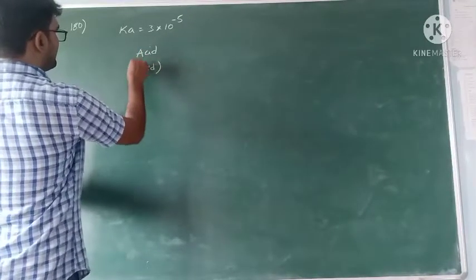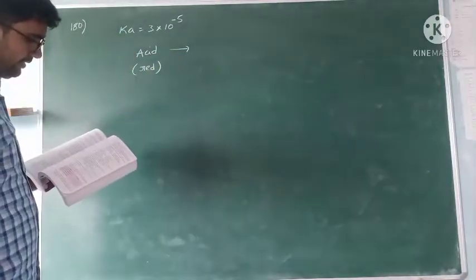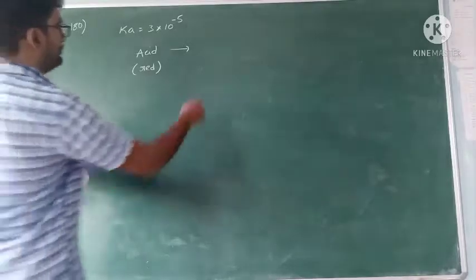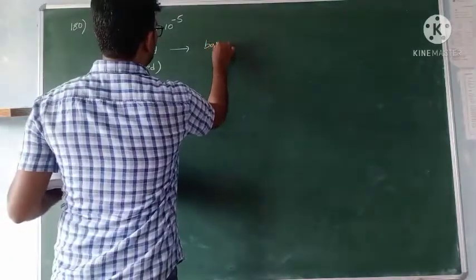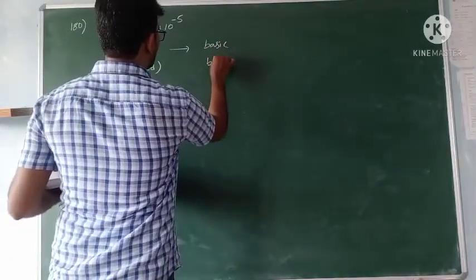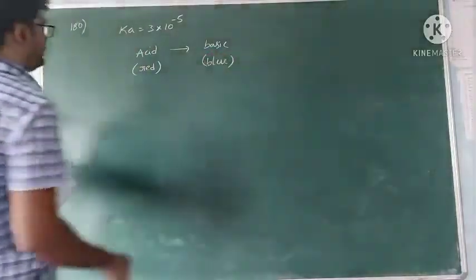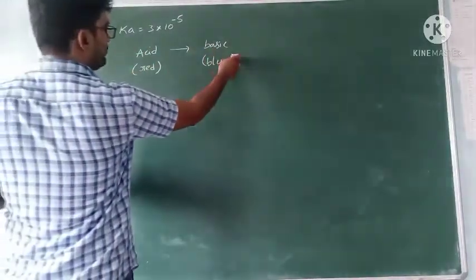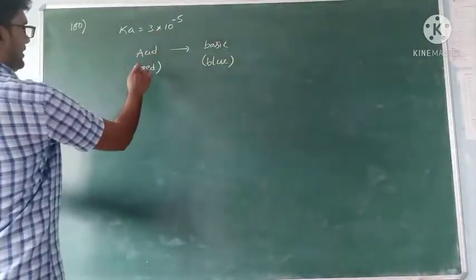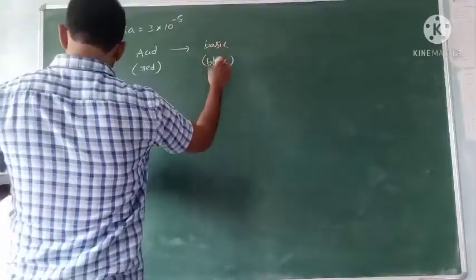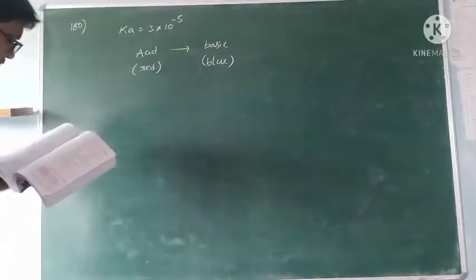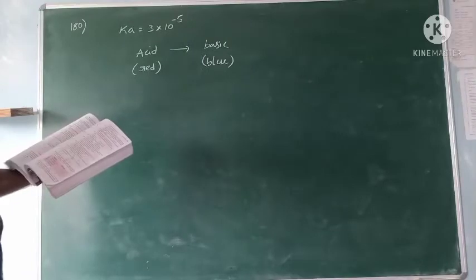Red color. And basic form is blue. Acid form is converted to basic form. In acid form, red color is present. In basic form, blue color is present. Now 4 options are given. So which options are correct?